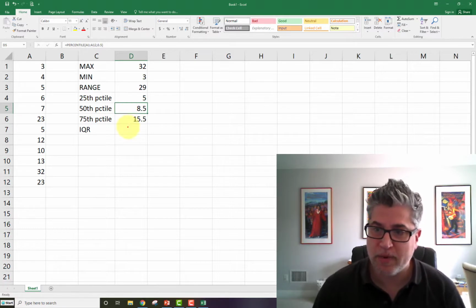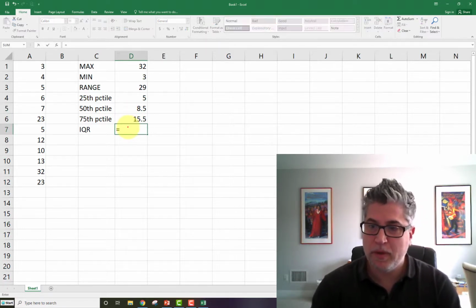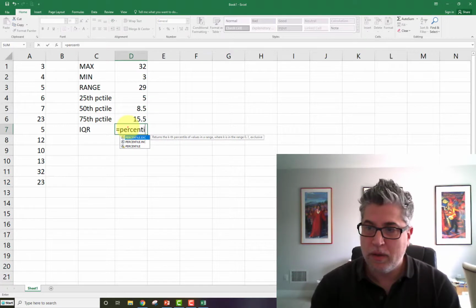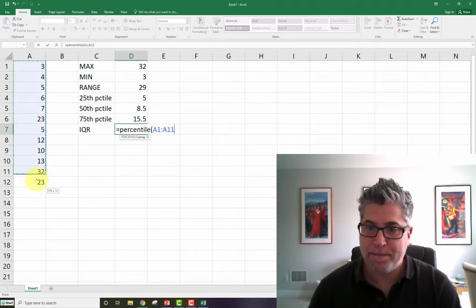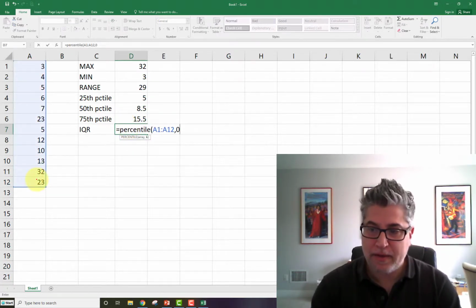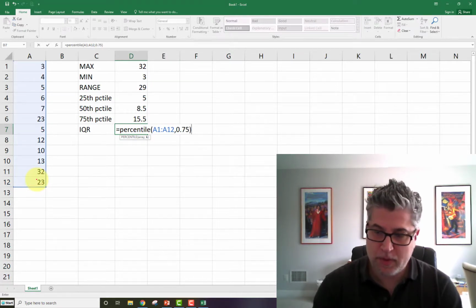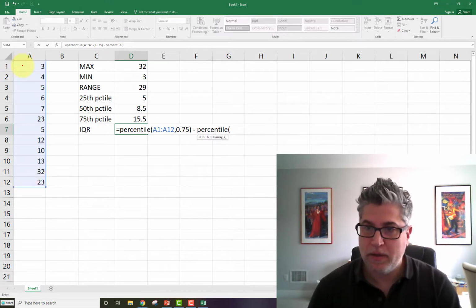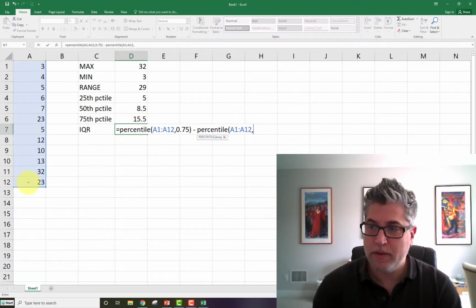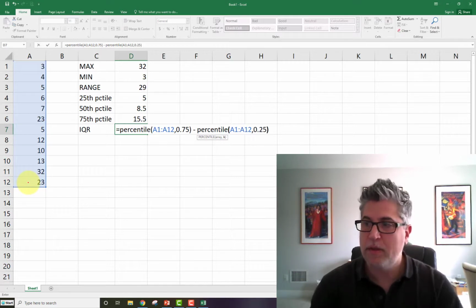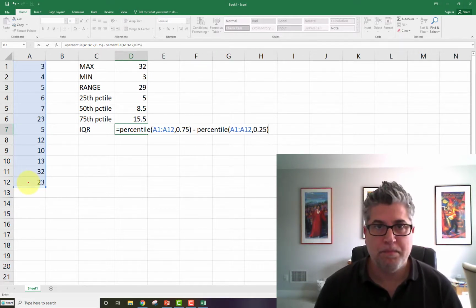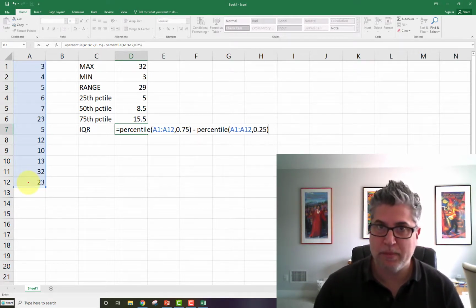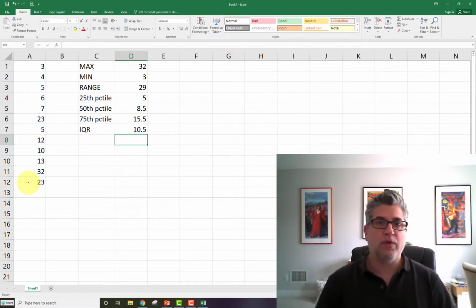So the interquartile range is then simply our data set at 0.75 minus the distance to the bottom 25, to that cutoff. And so our interquartile range is 10.5.